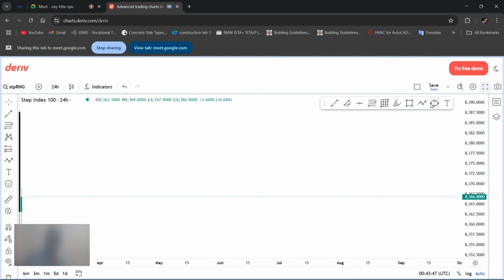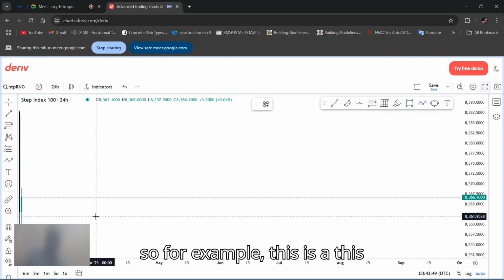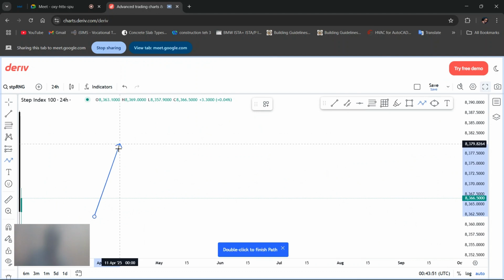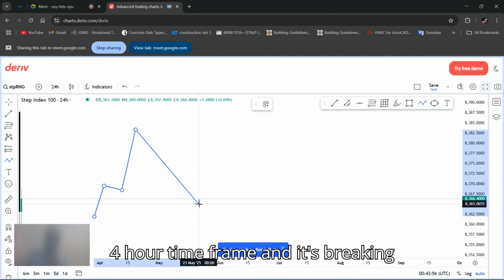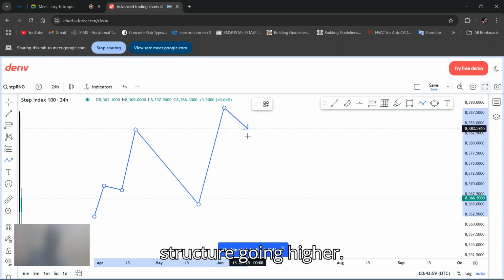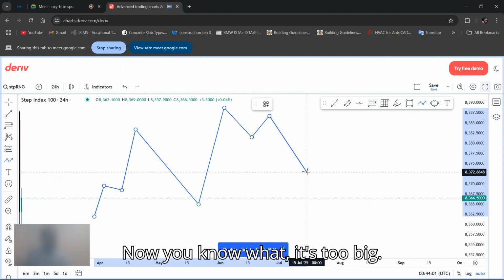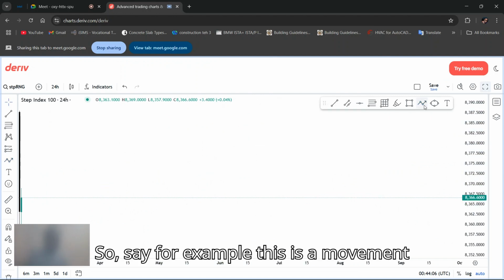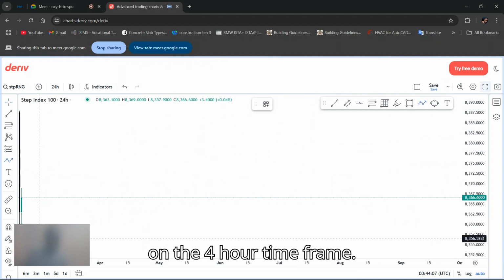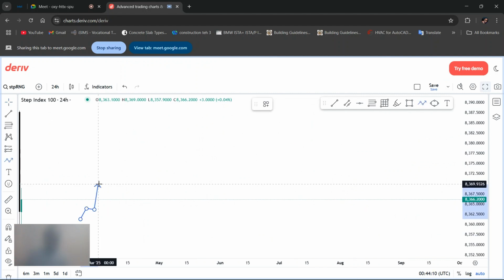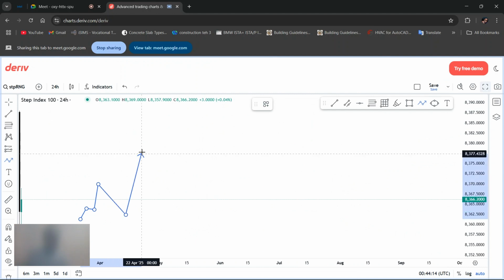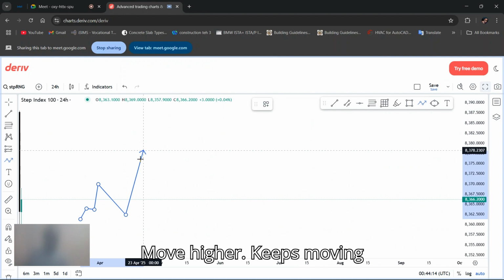So the market moves. Say for example, this is a market movement on the 4 hour, and it's breaking structure going higher. Or you know what, this is too big. So say for example, this is a movement on the 4 hour time frame. The market pulls back, breaks structure, moves higher, keeps moving up.